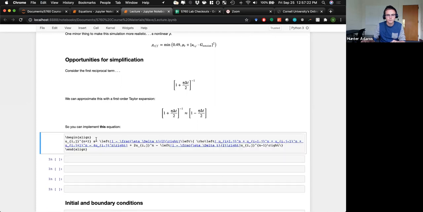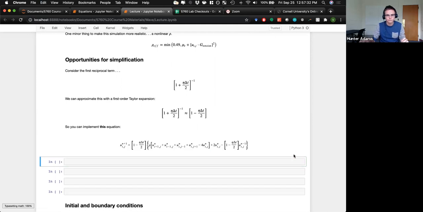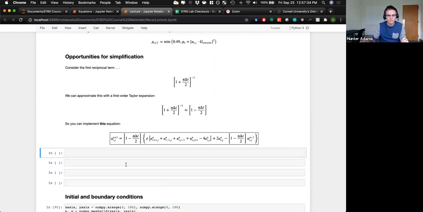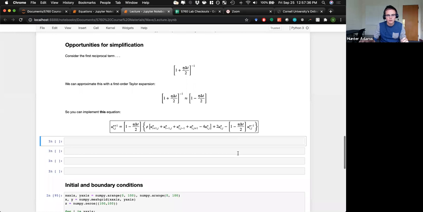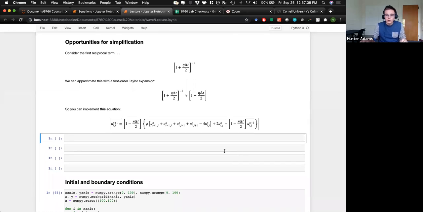In fact, I'm going to share this document with folks, but just to make it perfectly clear, this is the equation that we can implement. And as before, it's a lot of terms, but we know what all these terms mean.